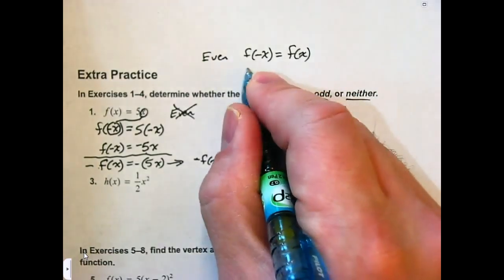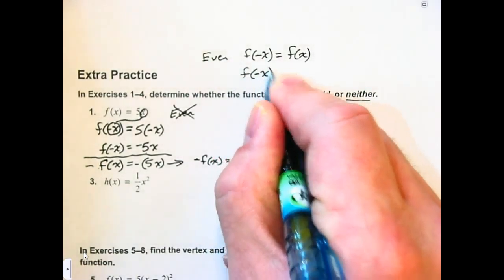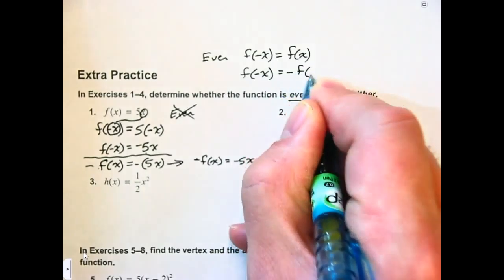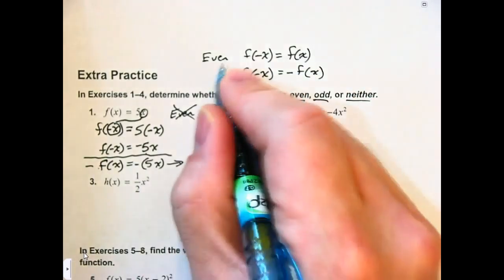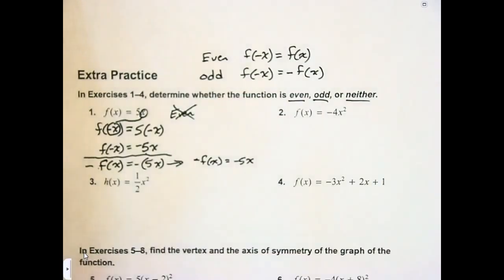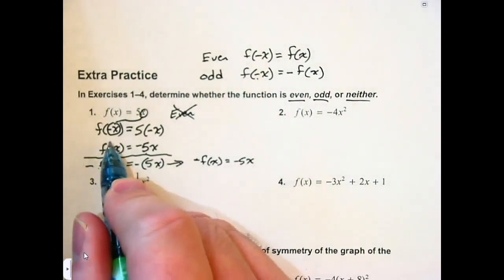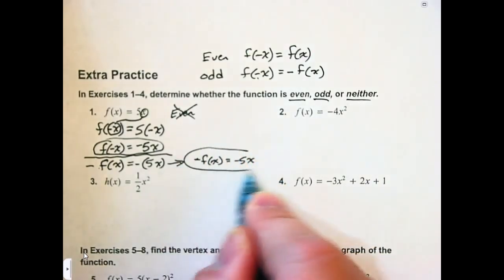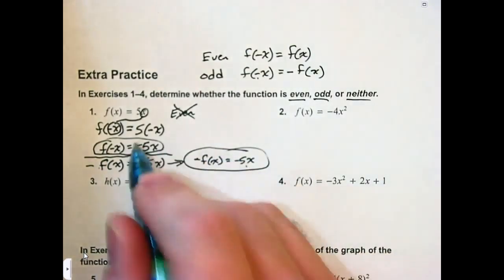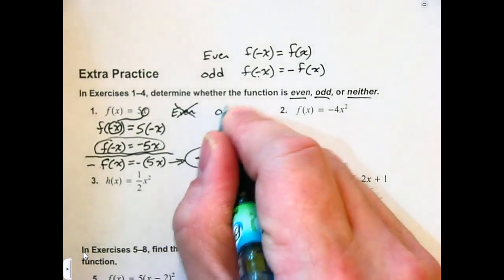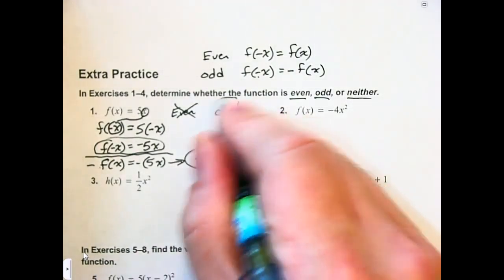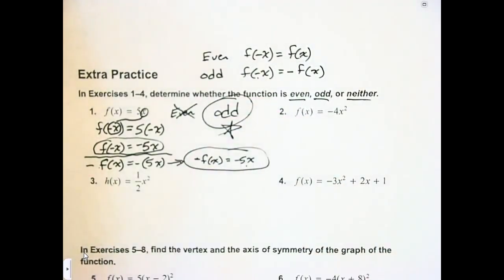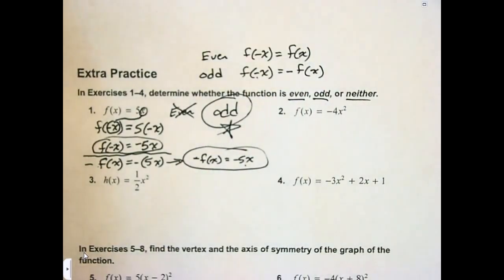If f of negative x equals negative f of x, then it is an odd function. Is f of negative x and negative f of x the same? Yeah, they both equal negative 5x. So this is odd. If neither of those happen, then it's neither. Cool.